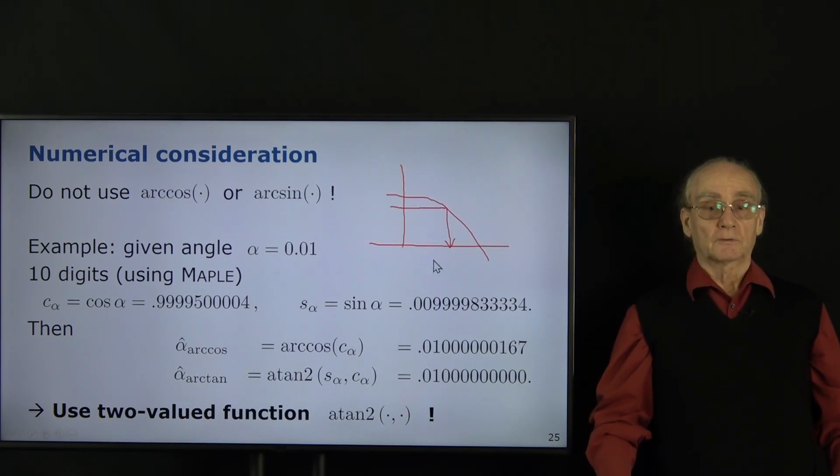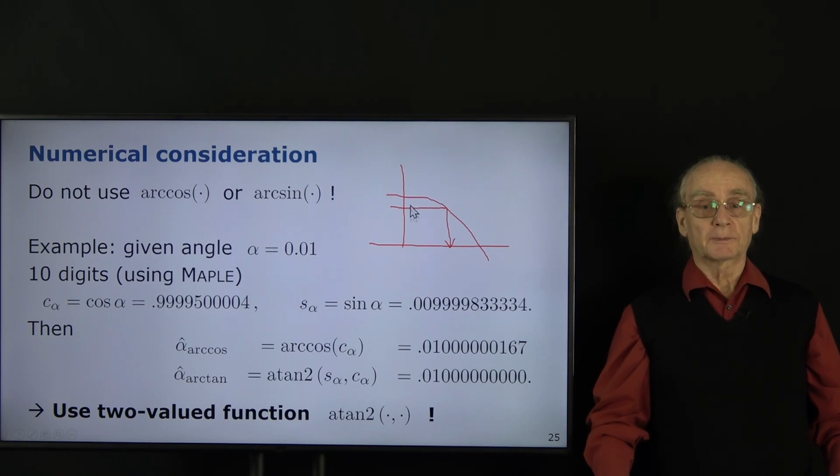Why is that so? Have a look at this graph where you see here the cosine function. Here is the angle, and here is the cosine. Here is 1. Now let's assume you have the cosine of an angle, like this here, 0.85. Then you have to go to the right and down and get the angle. Now let's assume you have an angle which is very small. Then you have to intersect this cosine function with a horizontal line, and the angle between the cosine function and this horizontal line will be very, very small.